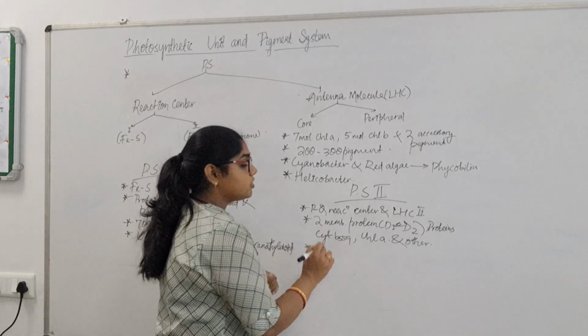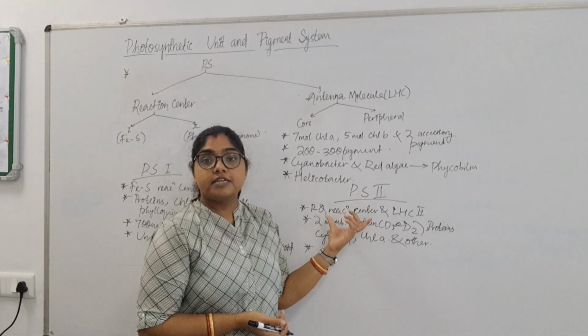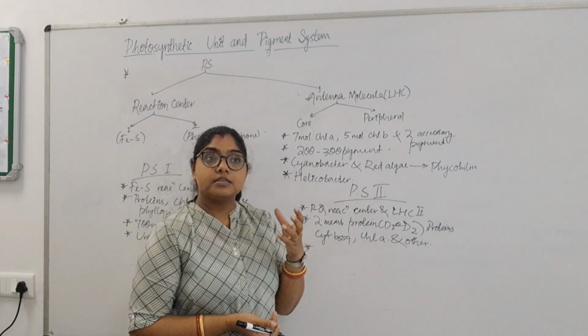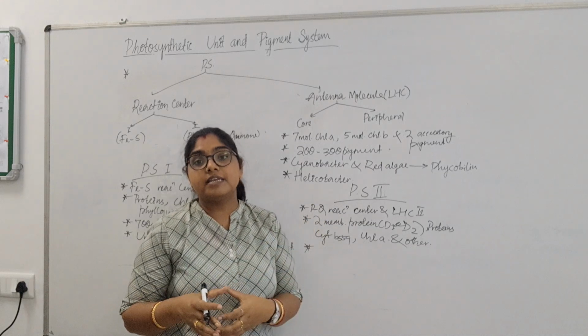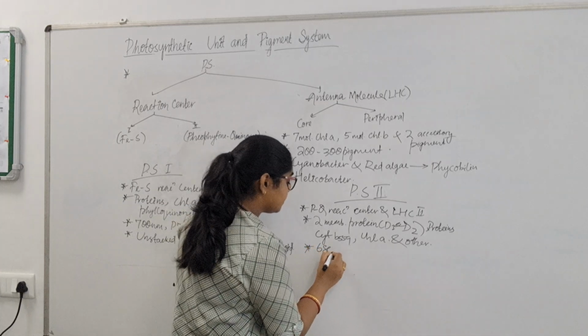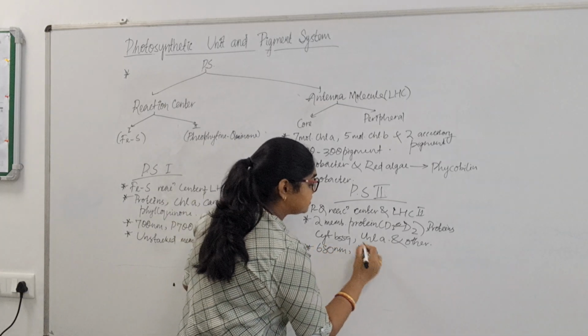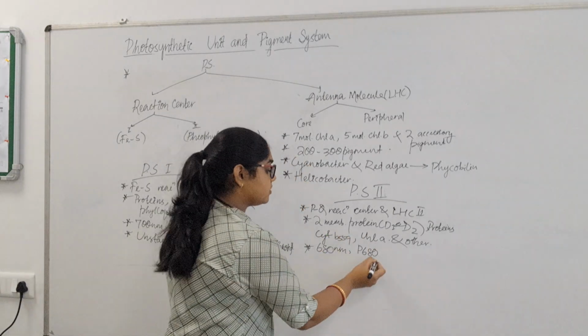The specialized chlorophyll a pair of the reaction center efficiently absorbs light of wavelength 680 nanometer. That's why it is known as P680.